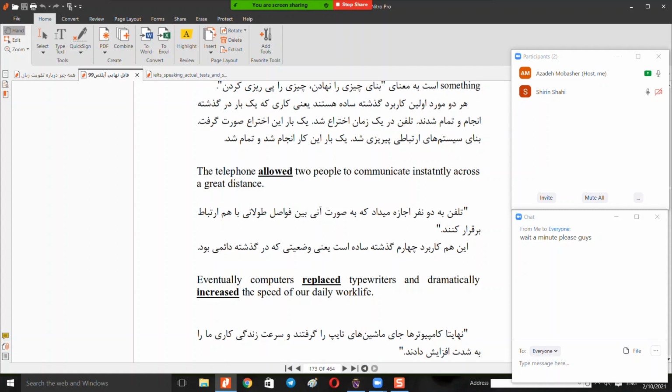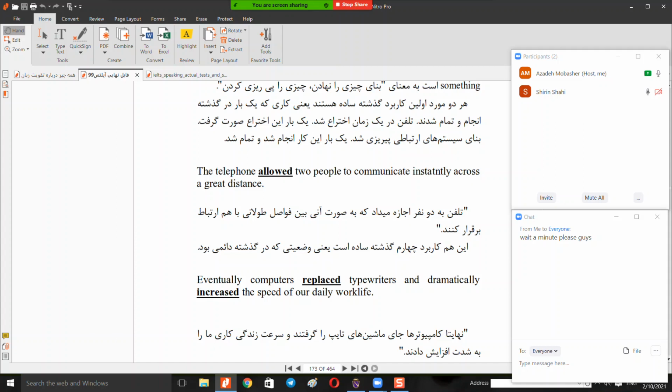I wrote allowed, but can we write allows because it's a fact? Ah, you mean allows, not allow. Yes, we could, of course. But the exercise was about past simple. That's why we used allowed. But yes, generally speaking, you can use present simple.